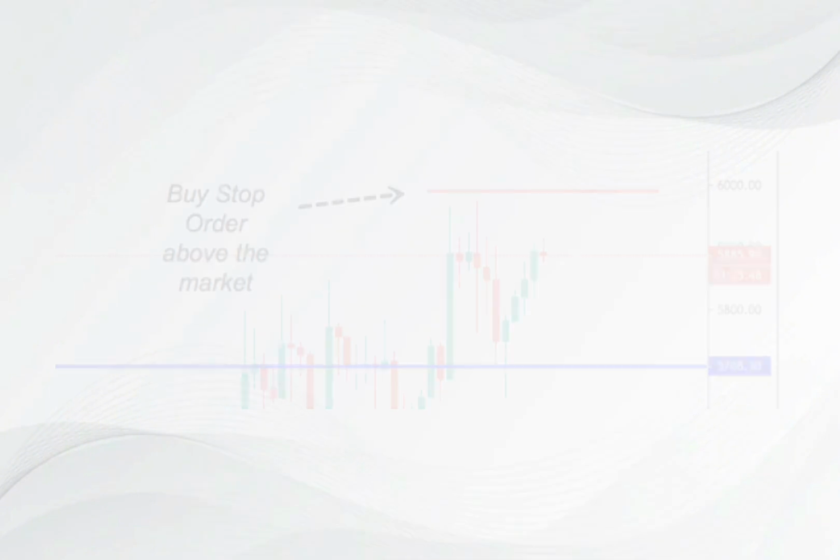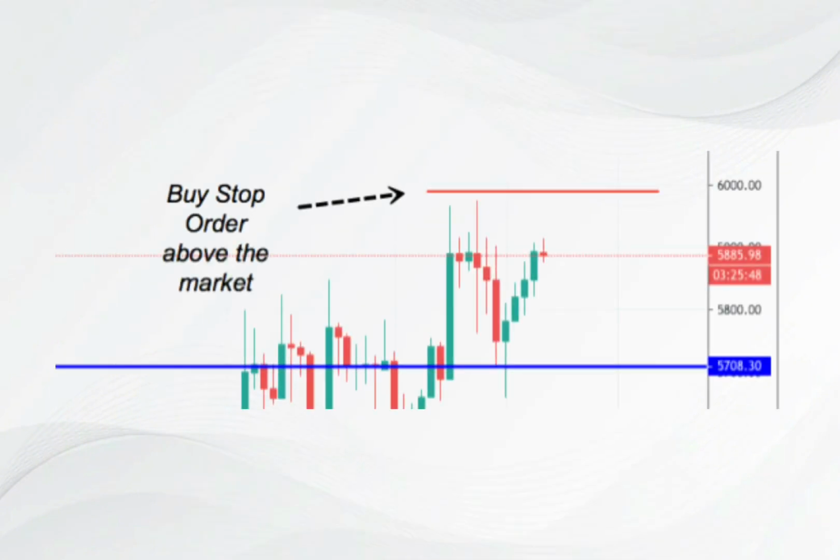Then we have the buy stop, and the buy stop is an order that is placed above the current market price. So you are saying that you want the market to get to that particular level and break above it. When it breaks above it, then your order will be triggered, and then you will now be in the trade.